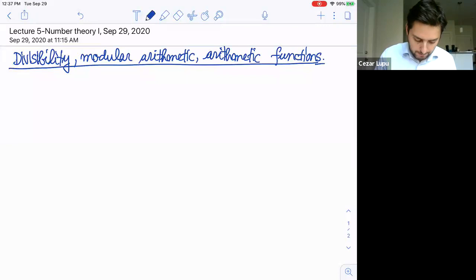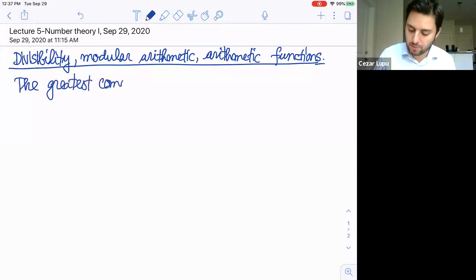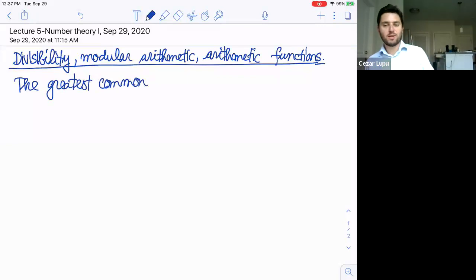And I'd like to start with the greatest common divisor with some theory. So I'll put some theory first, something that you will learn in a semester in number theory.